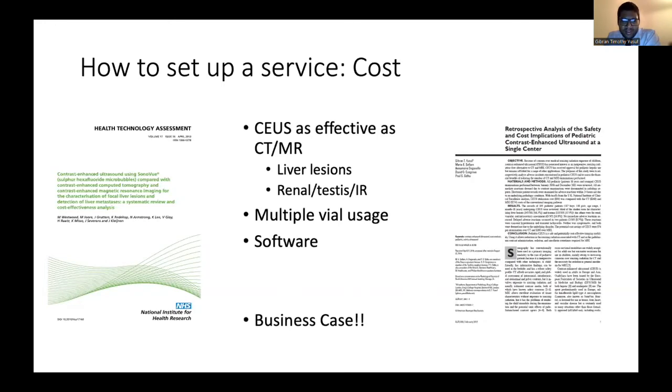The National Institute for Health Research produced a health technology assessment on contrast enhanced ultrasound using SonoView. And they were looking very specifically at focal liver lesions. Now, it's only good to use this modality if it's a useful modality.